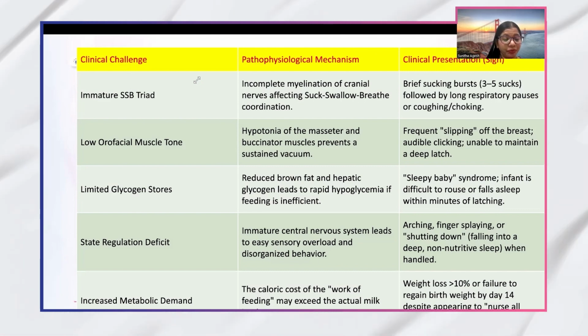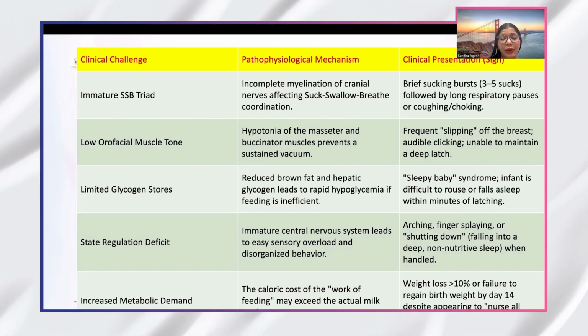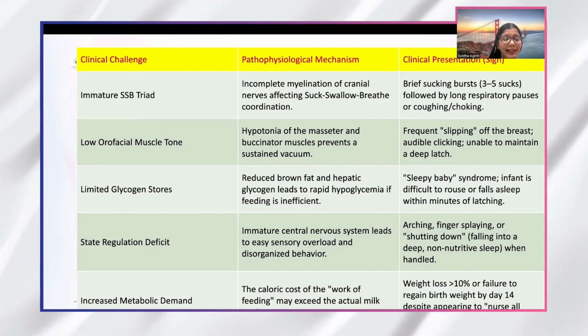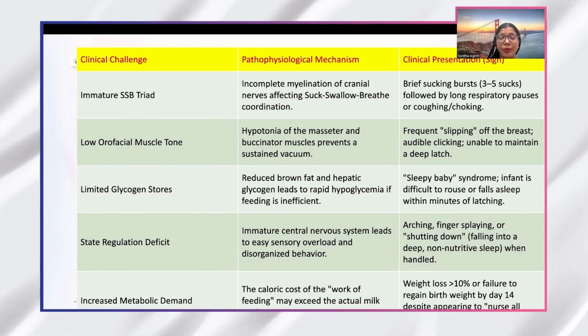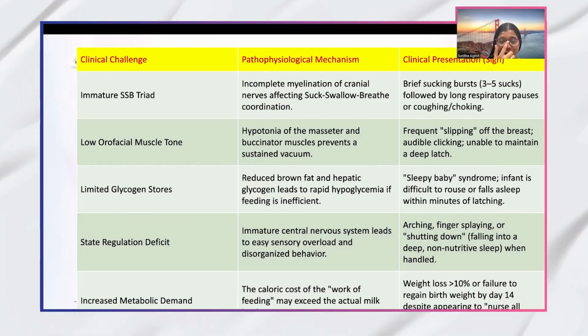Next will be state regulation deficit. Because of the immature central nervous system, the baby will have easy sensory overload. What will happen? Suddenly the baby will go from an awake and fussy state to falling asleep.